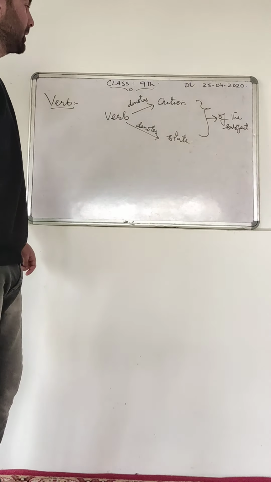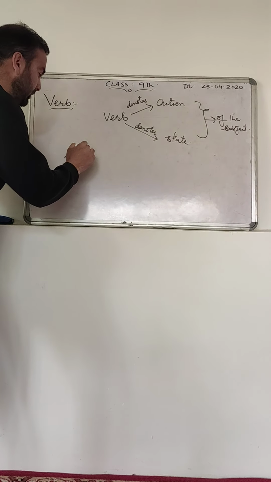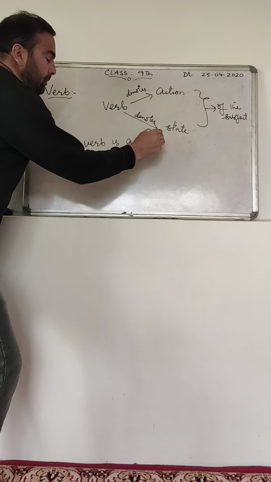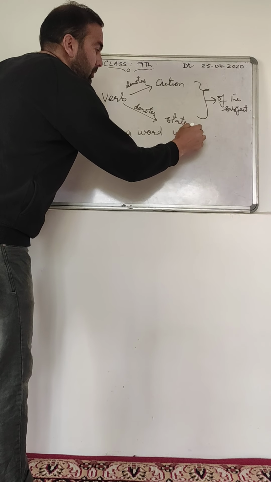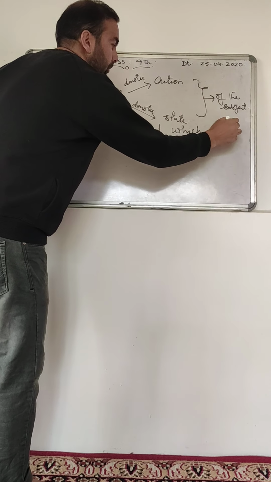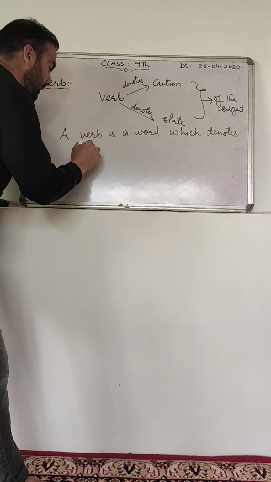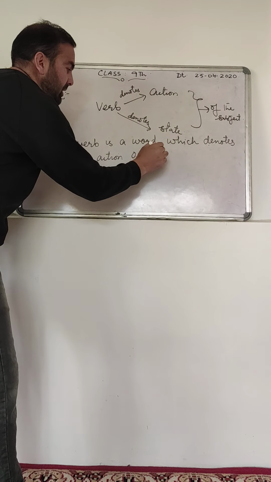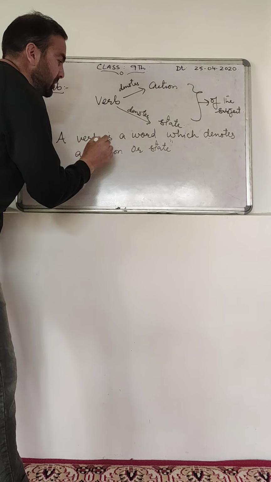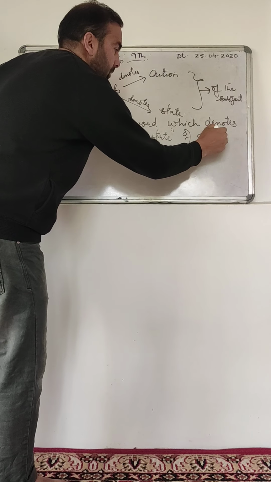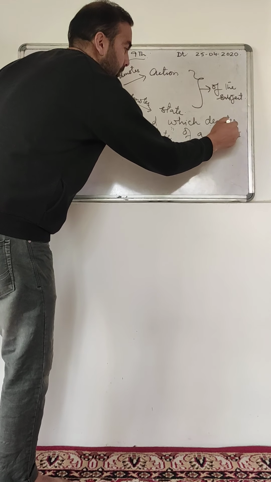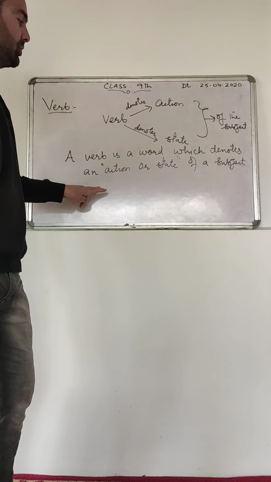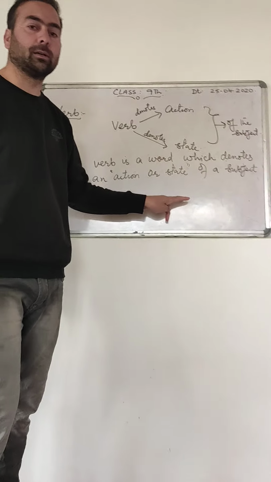Therefore, we can write it as a verb is a word which denotes an action or state of a subject. Well, what's a verb? A verb is a word which denotes an action or state of a subject.